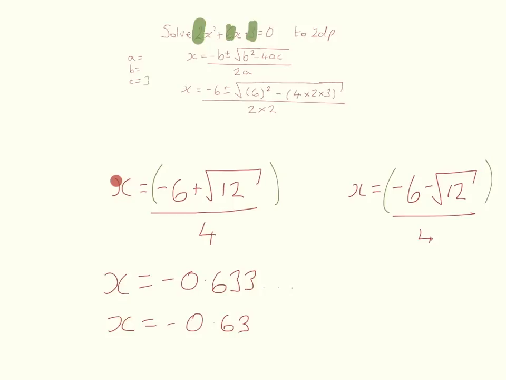And we're going to do it on the other side as well. X equals minus 2.366, and to 2 decimal places that will be minus 2.37.